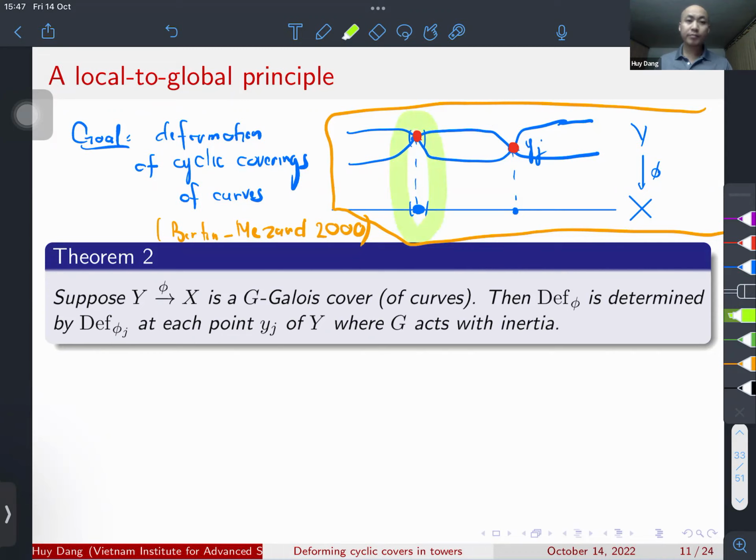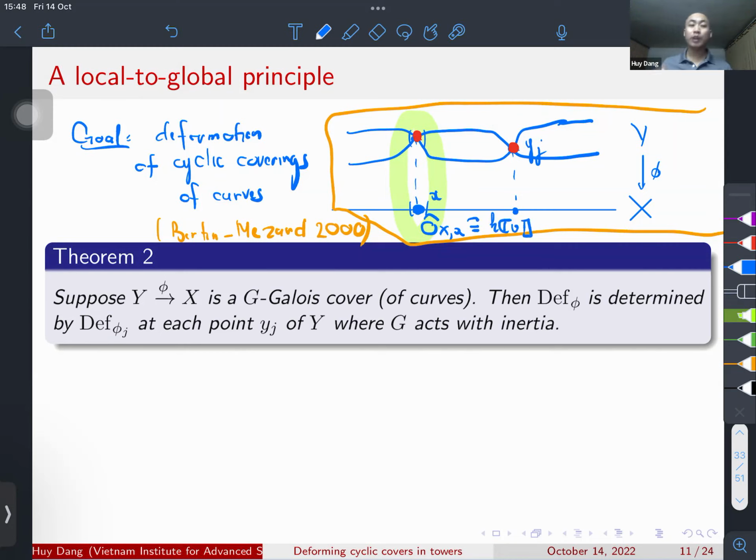Right. And the upshot is, first, you can reduce to understanding the deformation of the local extension. And second, if you look at a point downstairs, maybe I call the point X, then the completed local ring at the point X is just a power series ring, some k double bracket t.